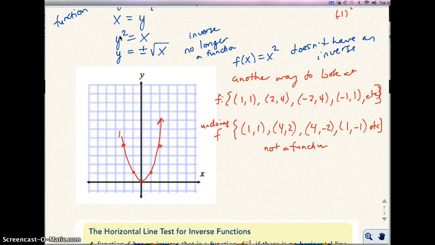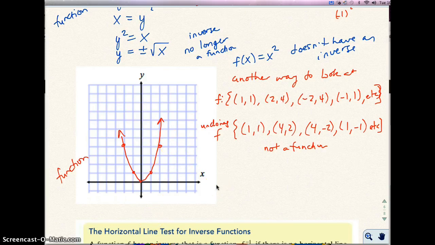Okay, this is the function. If I input 1 for x, I'm only going to get 1 back out. If I put negative 1 in for x, I don't get 1 back out. Now, it passes the vertical line test. If I run a vertical line up and down, I can touch only 1 point on the graph.